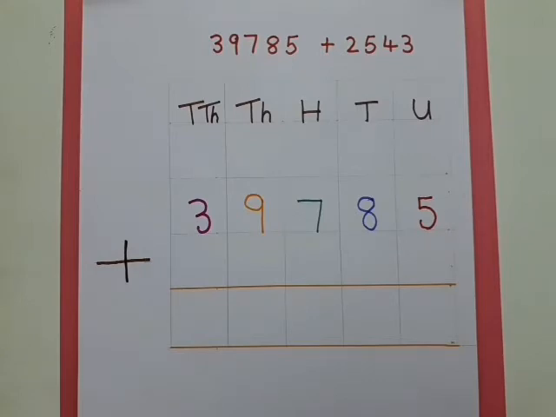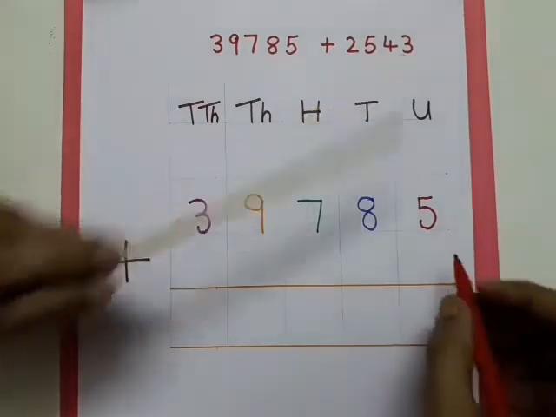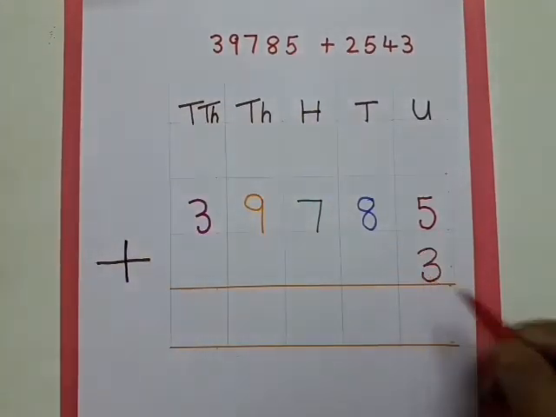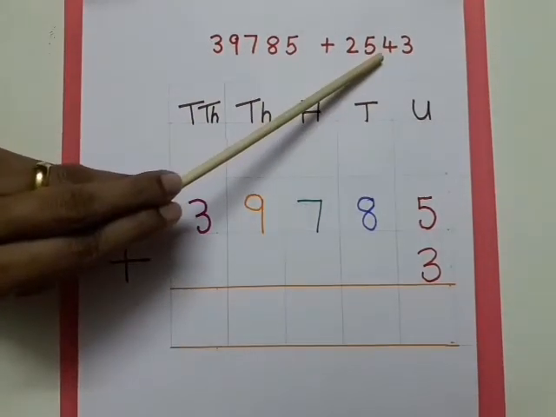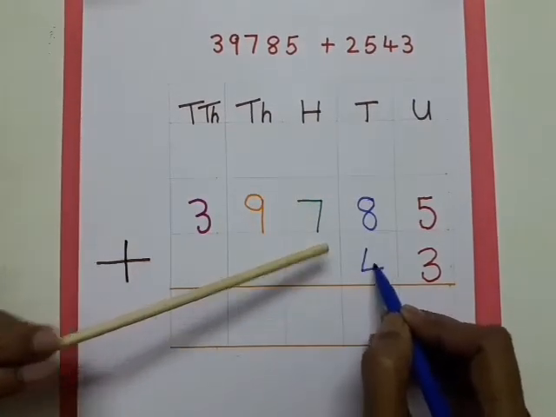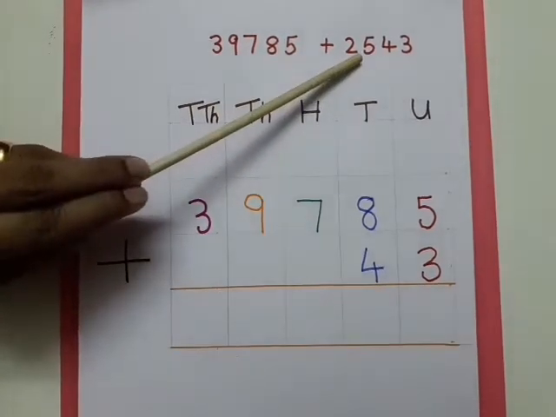So now again here we will begin with the units place. We have the number 3. So I write the number 3. In the tens place we have the number 4. So in the tens place I write the number 4. In the hundreds place we have the number 5.